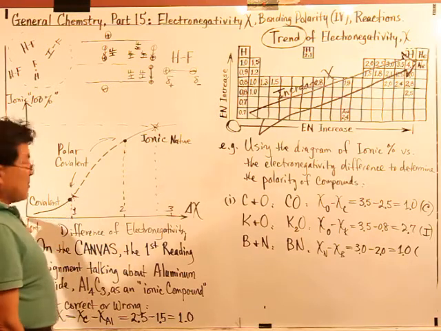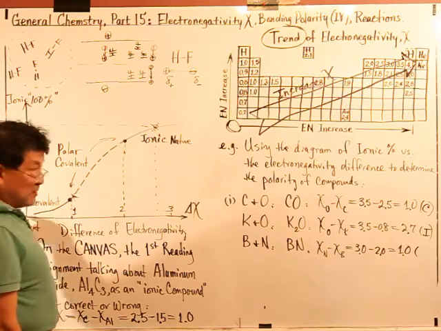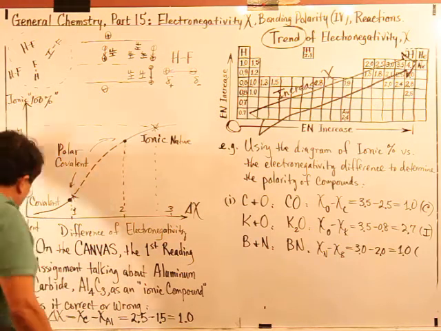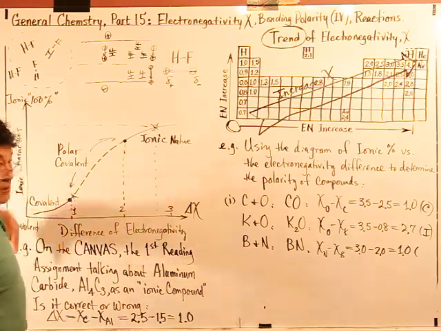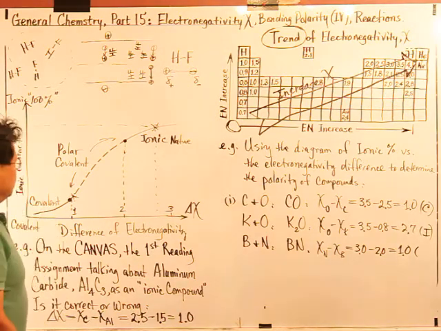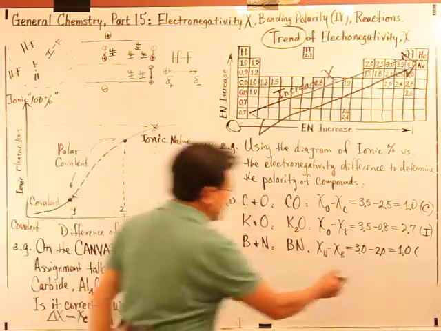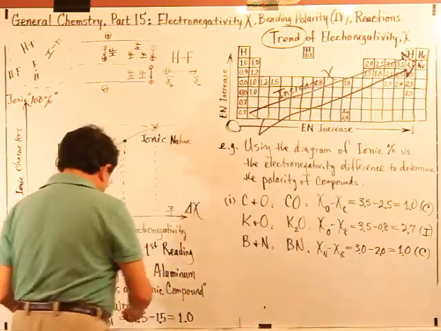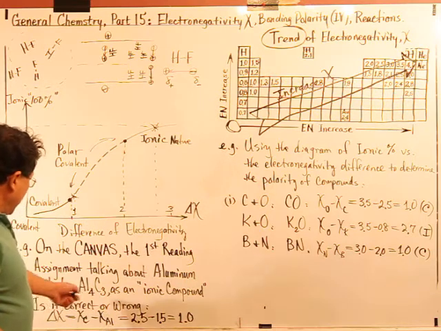It's very close to almost 100% covalent. This side is 100% ionic, and down here, close to 0, must be 100% covalent, right? So we consider it covalent. Now, aluminum chloride, we already talked about it.